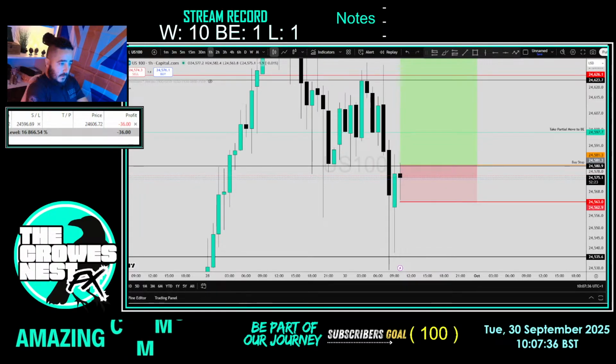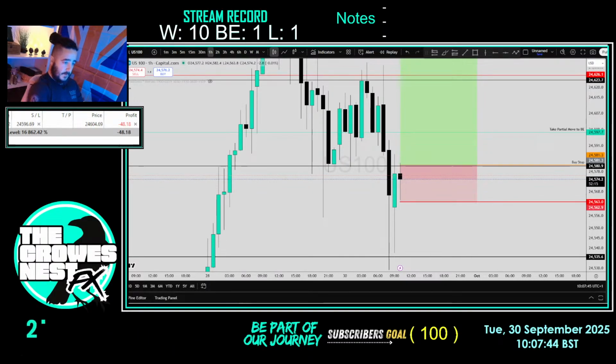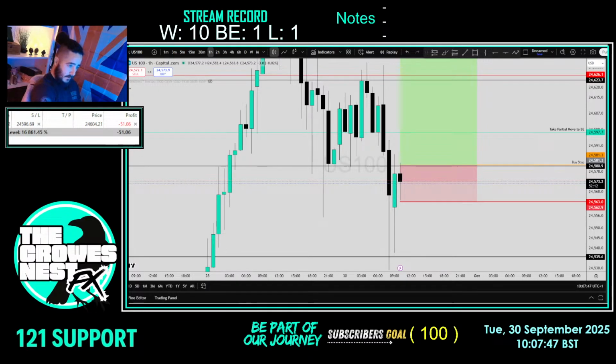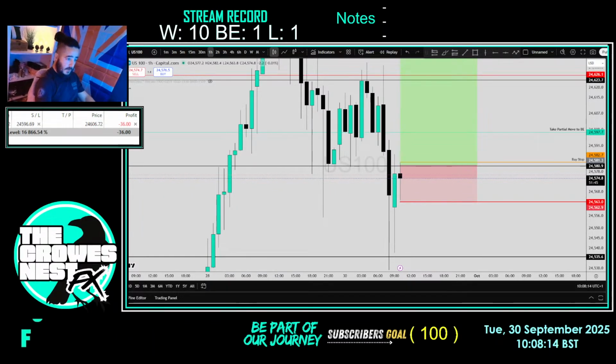What would this be off then? This would be off. Down. Stop is at 24581. If you've not been activated, you just put your stops on 24582. Stop loss for me would be 24563.